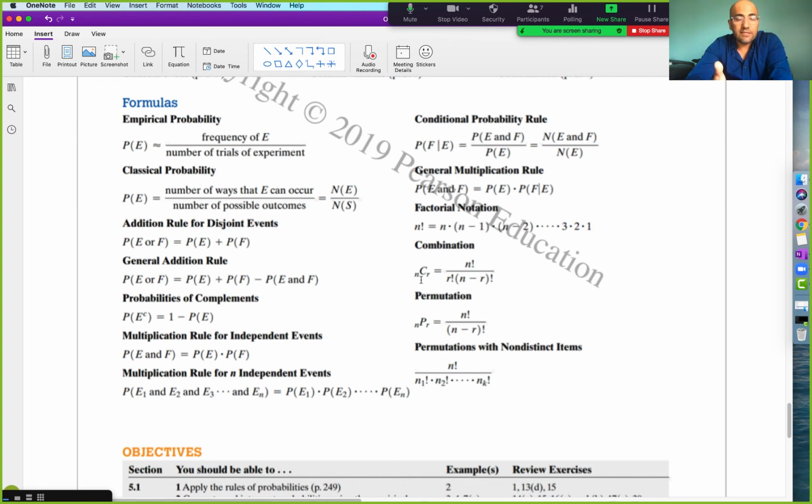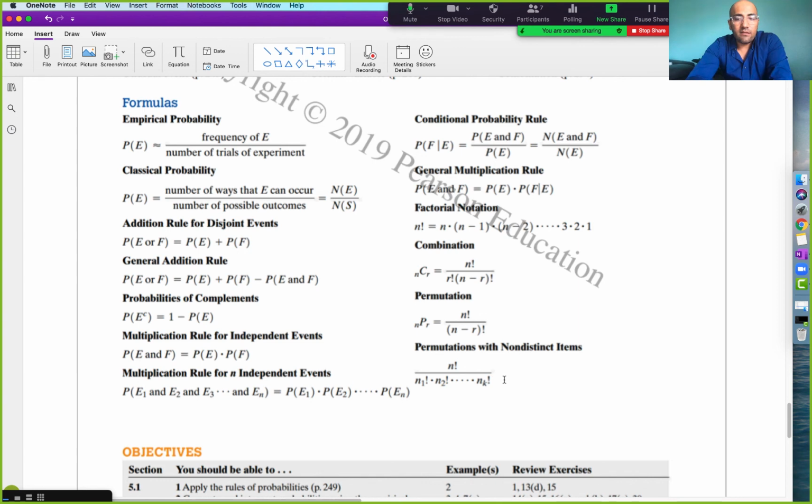We're not going to repeat the same person for a committee or for winning first, second, or third place. So repetition is not allowed. The people in the pool are all unique, and we're choosing r of them from a pool of n of them. Good. So order does not matter for combinations. Order does matter for permutations. So we'll look at some examples of those cases in a second as well.